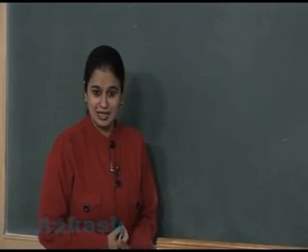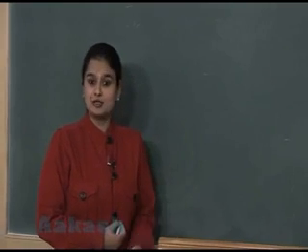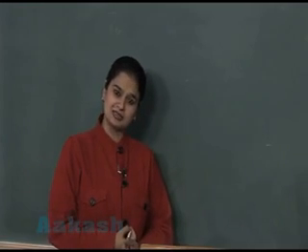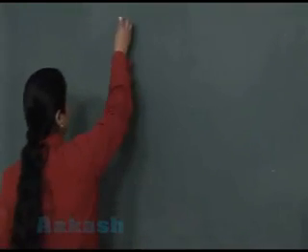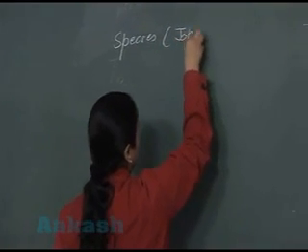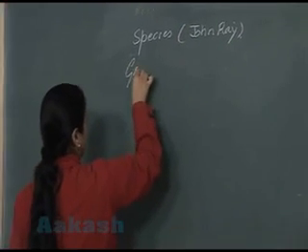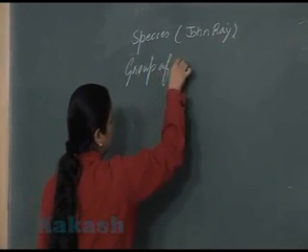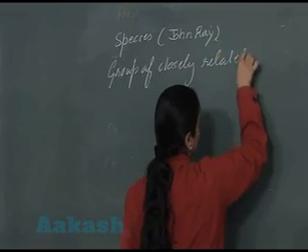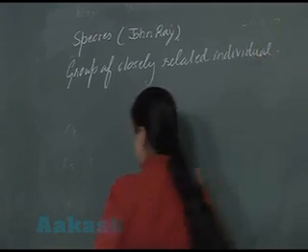So let's write what is species. Term given by John Ray. Species represent a group of closely related individuals. They are similar.